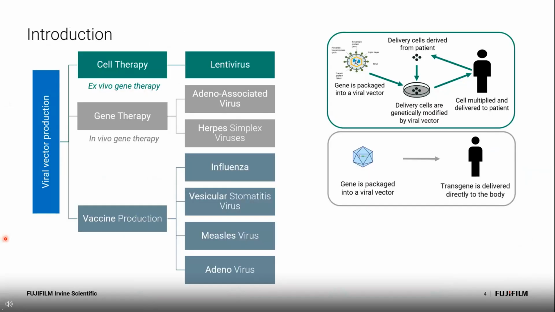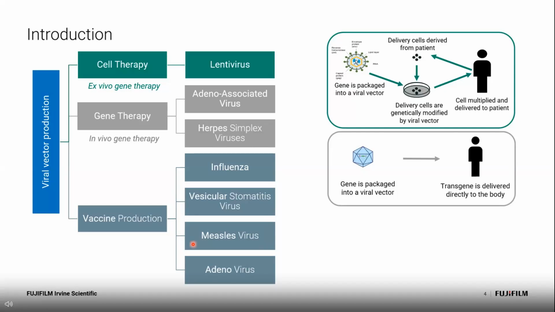As to the industry we're serving, viral vector production, there are three main categories depending on the clinical applications, including cell therapy with lentivirus as the most used vector, gene therapy with AAV and herpes simplex virus among a few FDA-approved gene therapy products, and last but not the least, live or attenuated viruses used in vaccine production.